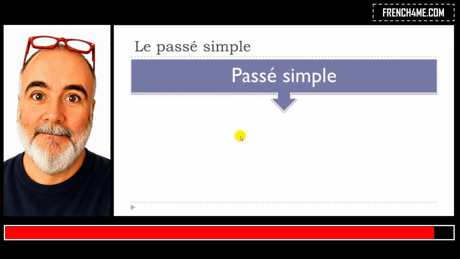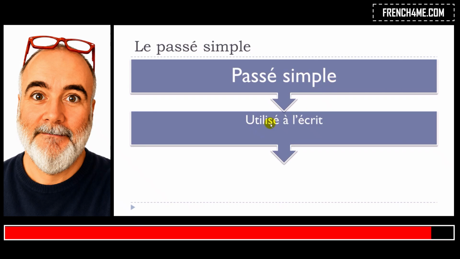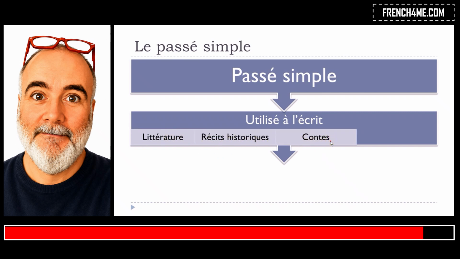And well, the main thing when we think about le passé simple, the first thing, it's a tense from the past, utilisé à l'écrit. So in most of the cases you will encounter this passé simple form in written form. Okay, so dans la littérature, dans les récits historiques, dans les contes, dans les journaux.